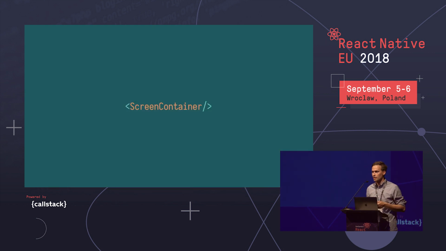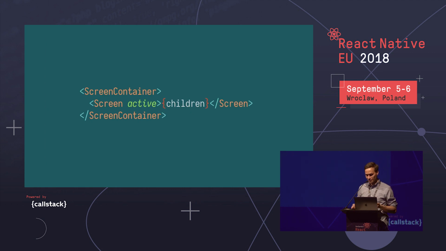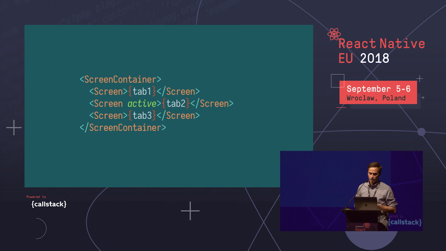So we just have the screen container, and inside that screen container we can render a screen, and we have this attribute for the screen that says this screen should be active. For example, we can do a tab navigator where we have 3 screens inside the container, and only one tab is active. When we switch between the tabs, we can activate other elements of this array.